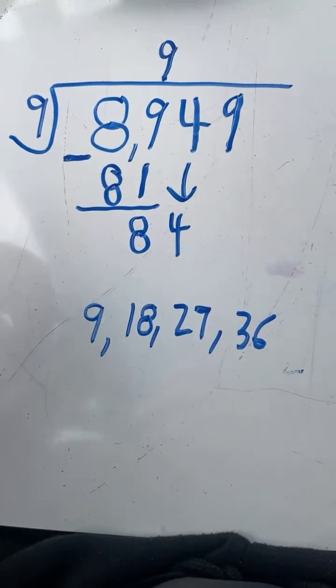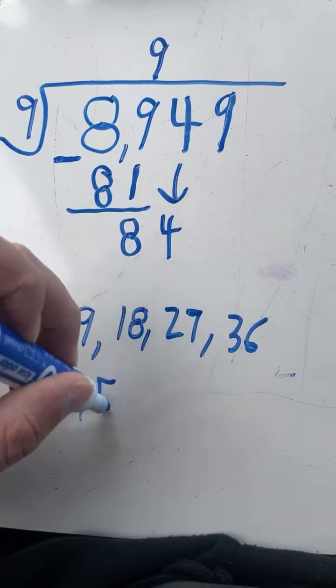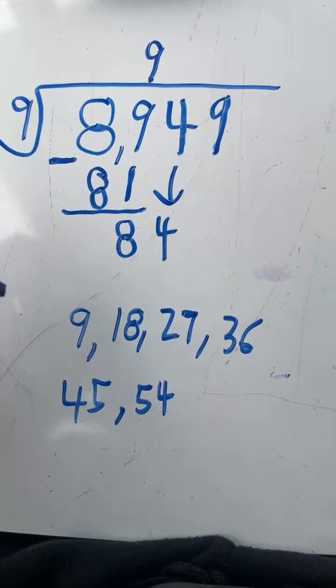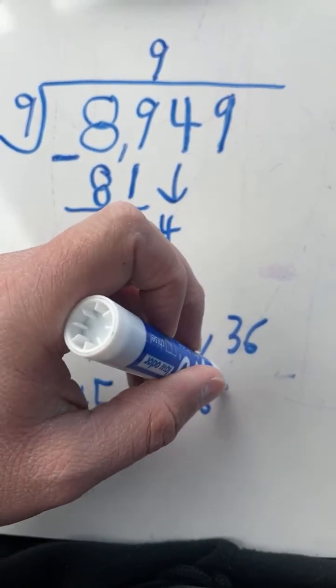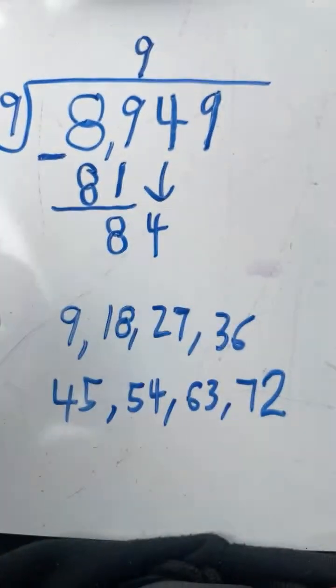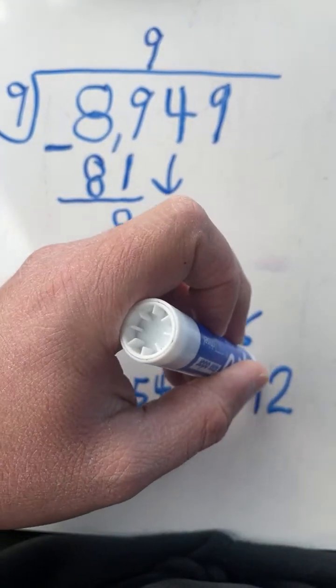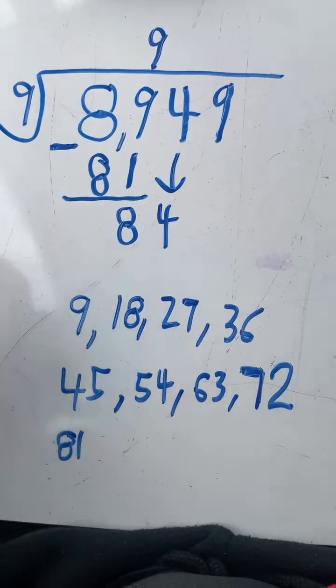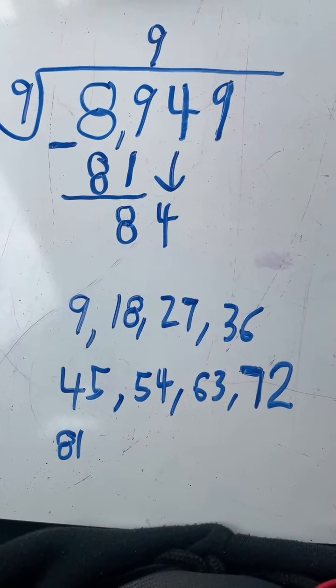So far we are at 4 groups of 9. 45, 5 groups. 54, 6 groups of 9. 63, 7 groups of 9. 72, 8 groups of 9. 81, 9 groups of 9.